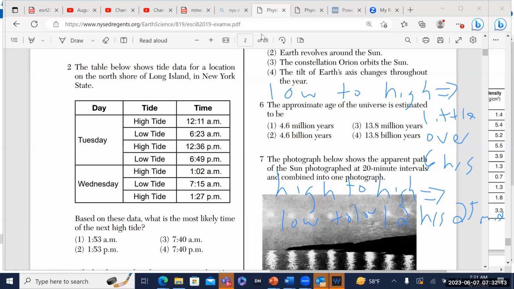So if my high tide is Wednesday, 1:27 p.m., what is the most likely time of the next high tide?